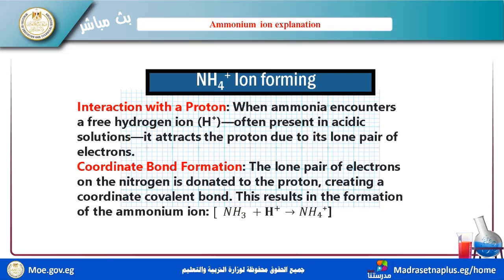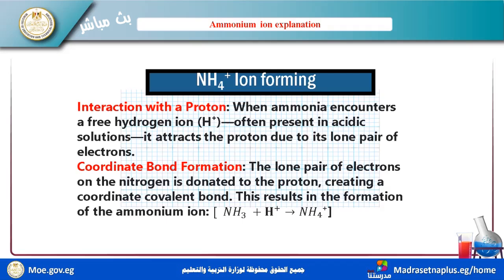This results in the formation of the ammonium ion. Now, where does ammonium ion formation occur? When ammonia gas reacts with water, it forms NH4OH. When ammonia gas reacts with HCl, it forms NH4Cl. When ammonia gas reacts with H2SO4, it forms (NH4)2SO4, ammonium sulfate.